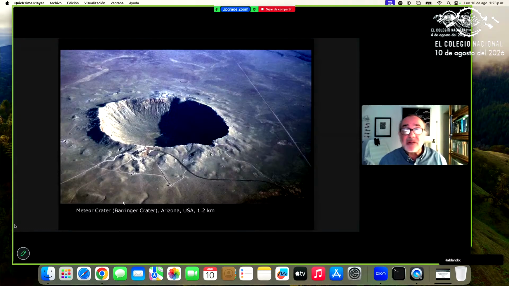So this was at the beginning of the 20th century, when many astronomers were still thinking that the craters on the moon were formed by volcanoes, because that is the experience they had from the Earth. Many craters on the Earth are formed by volcanoes. Well, not on the moon, but they didn't know that yet.